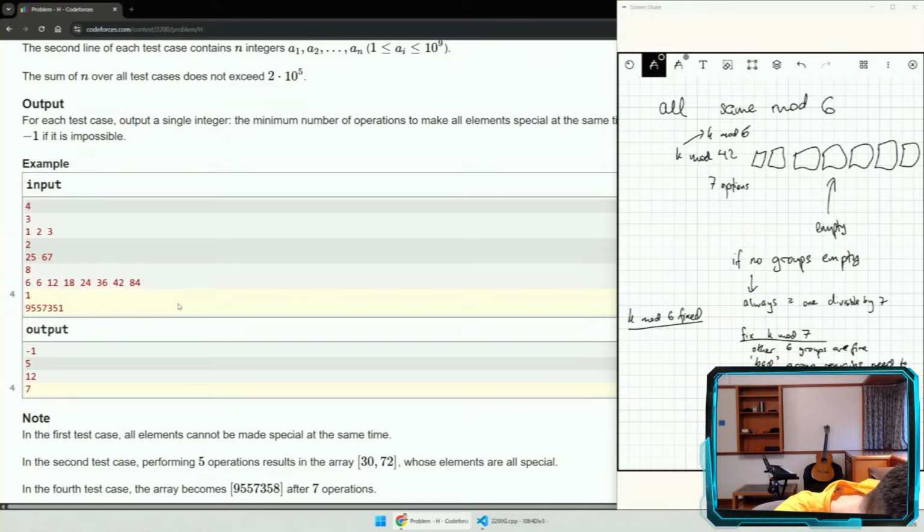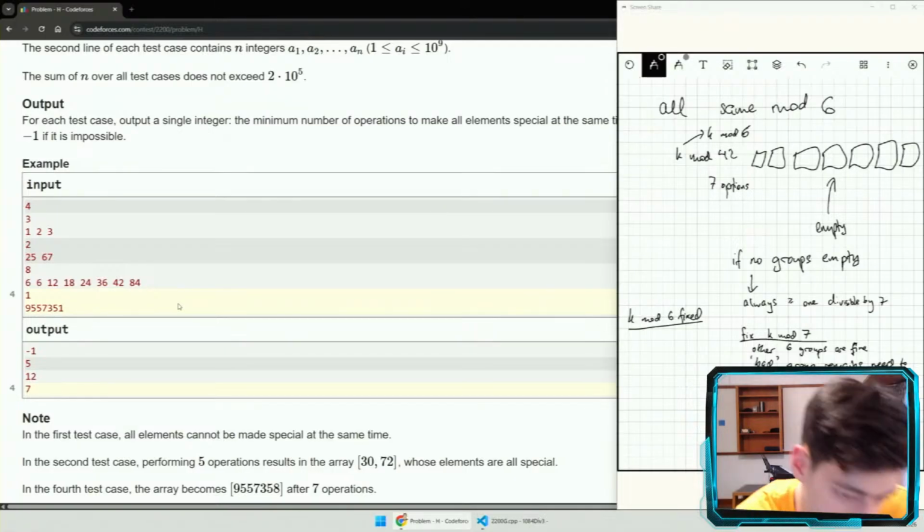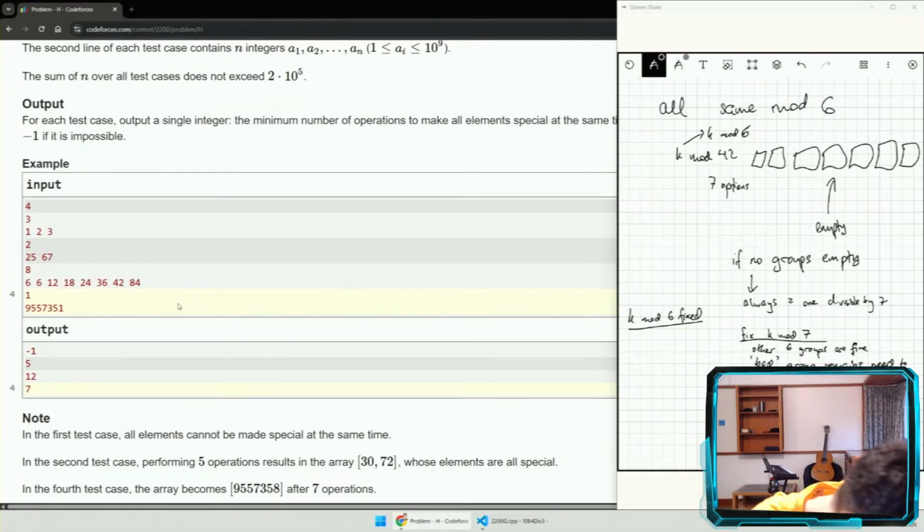Need to make it divisible by... I think this will be a binary search problem, by the way. Need to make it divisible by 6 squared, at least, in terms of what powers of 6 it's divisible by.